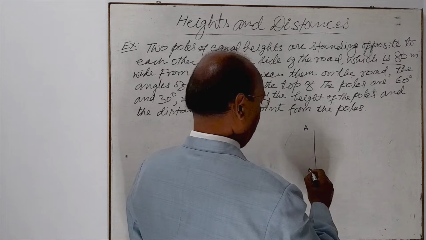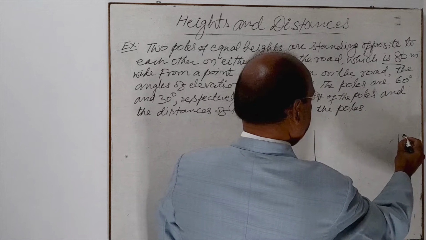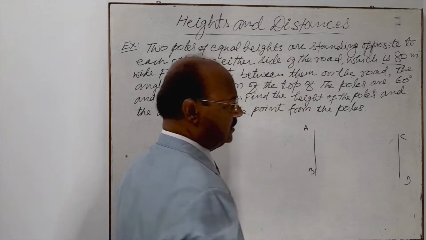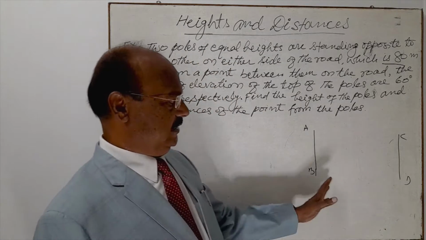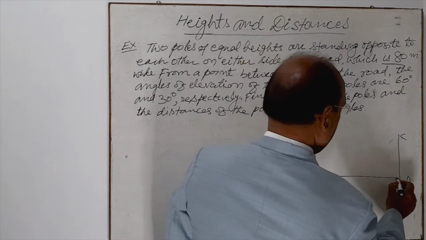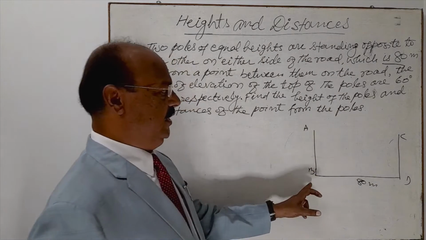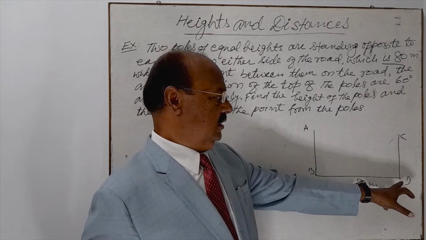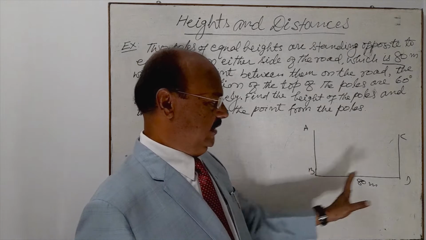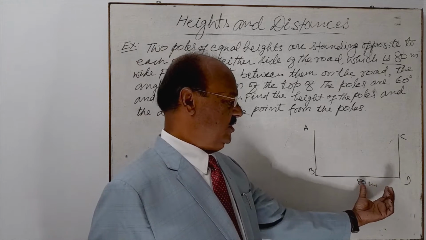Suppose here AB and CD are two poles on either side of a road of width 80 meter. Here AB and CD are two poles of equal height standing on either side of a road, and width of this road is 80 meter.